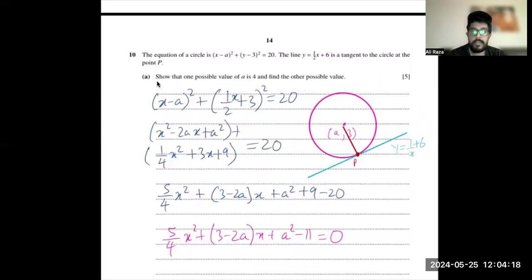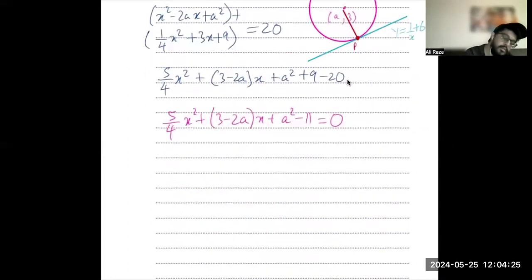We need to show that one possible value for a is 4 and we need to find the other possible value.